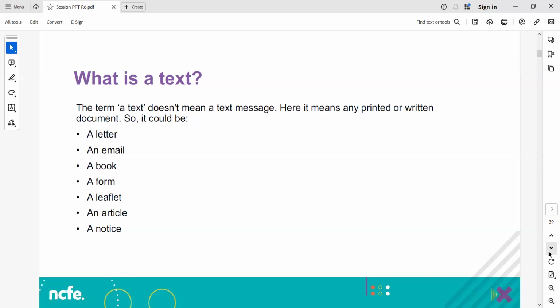So the examples or the material that you're given in the assessment are referred to as a text, and they could be, some examples, a letter, an email, a book, a form, a leaflet, an article, a notice. So we're referring to a printed or written document.